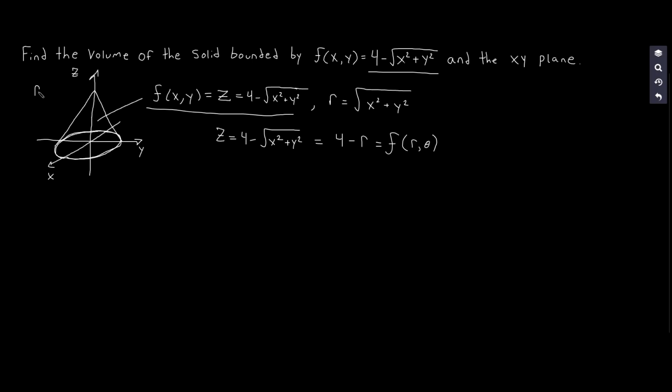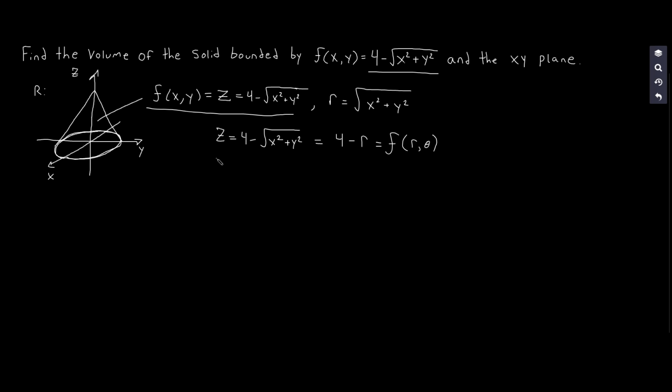And so let's look at our region here. This is our region. And let's look at it in the xy plane. Well, in the xy plane, where 4 minus the square root of x squared plus y squared intersects, z is 0, right? We're looking at the xy plane, and so it's like when z is 0, when the height is 0, that's our xy plane. So then we can set this equal to 0, right?